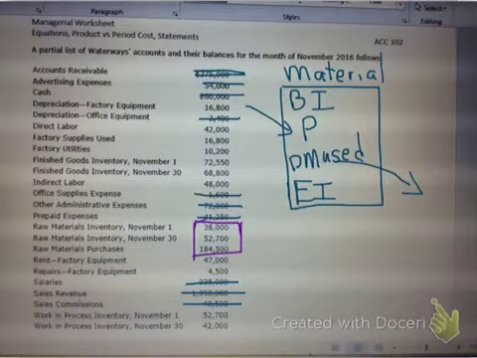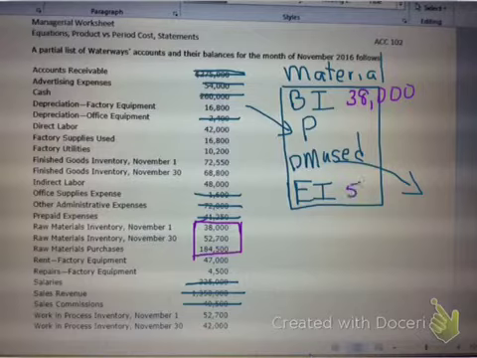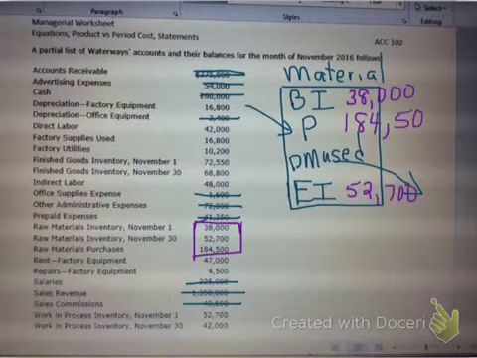In filling this out, you will have your beginning inventory, which is at November 1st, and it is $38,000. The ending inventory is what we have for November 30th, and that is $52,700, and then the amount that we actually purchased is $184,500.